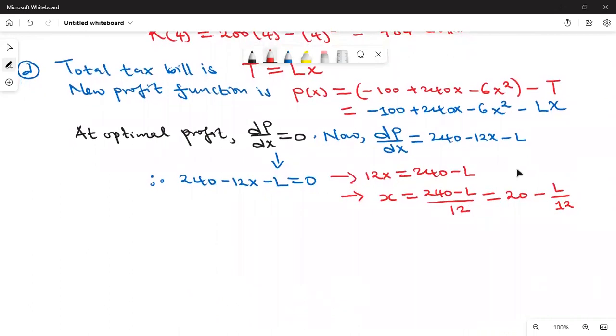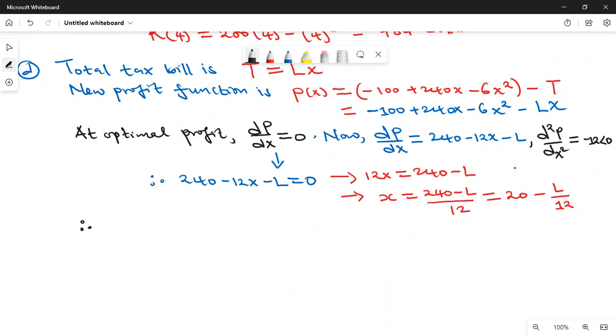If you differentiate again, we need to confirm whether this will give us the maximum profit. So d squared P/dx squared, the second derivative, will give us negative 12, which is less than 0. So it is true that the value of x that you have found is the new profit maximizing level of production.